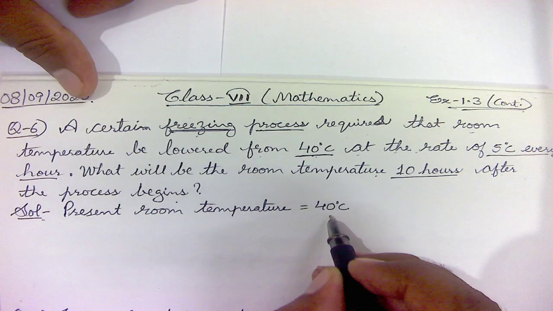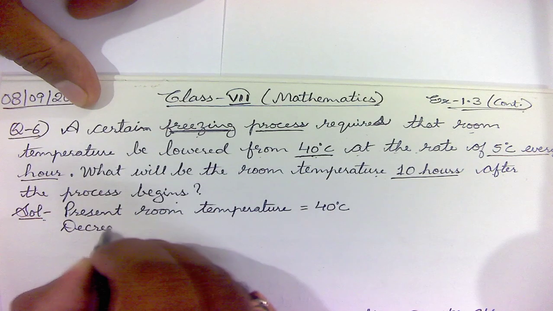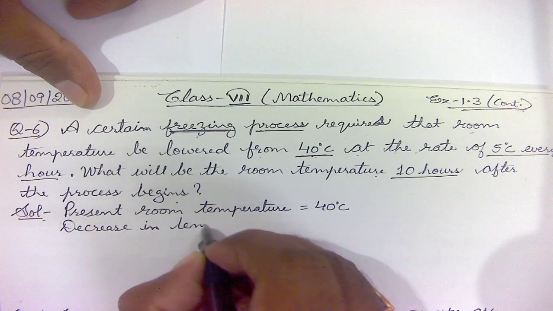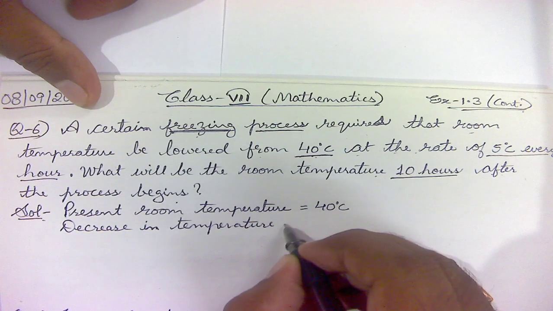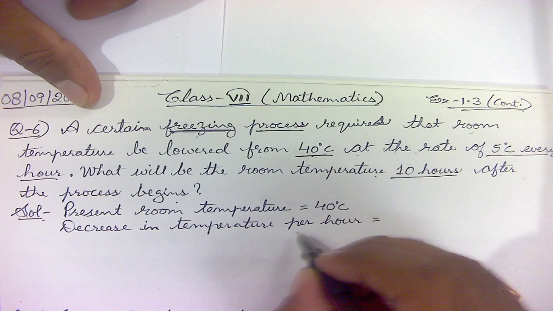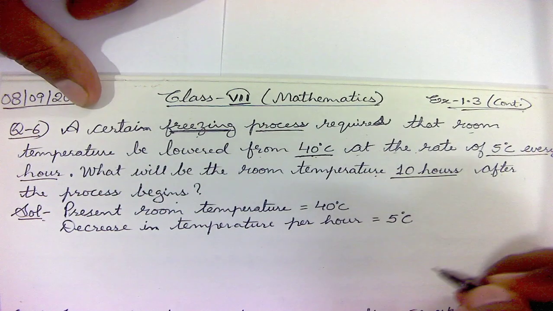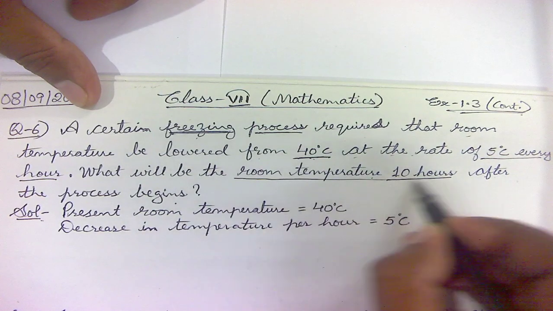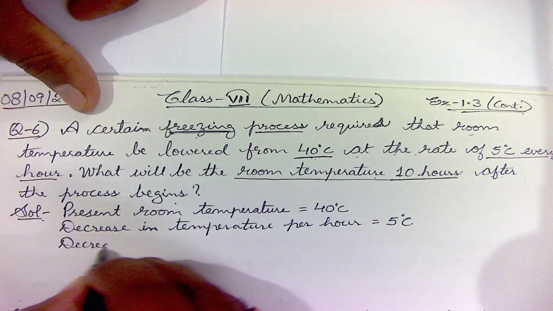So present room temperature is 40 degrees. Then decrease in temperature per hour. Every hour, how much temperature is to be reduced? 5 degrees Celsius. Now you have to find the room temperature after 10 hours.